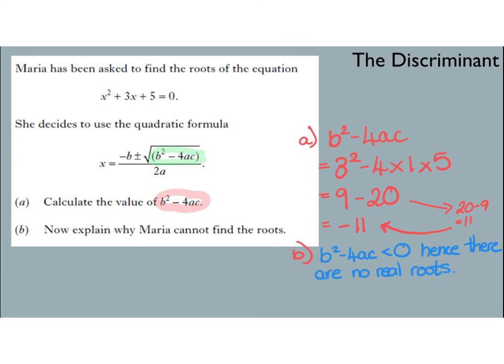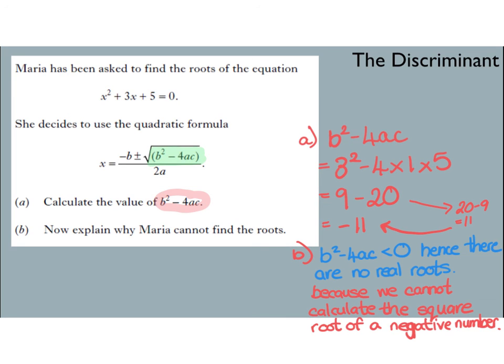When that bit there is a negative number, the problem with it is that we cannot find the square root of a negative number. Okay, so I've just popped a little bit extra onto that one. b squared minus 4ac is less than 0, hence there are no real roots. That's why she can't find any, because there aren't any. And this is because we cannot calculate the square root of a negative number.